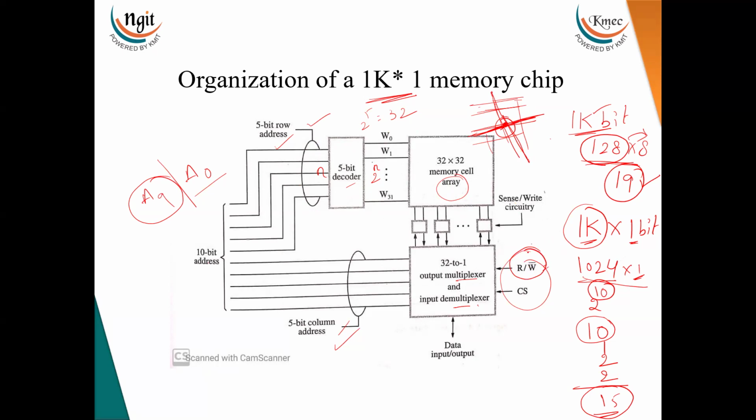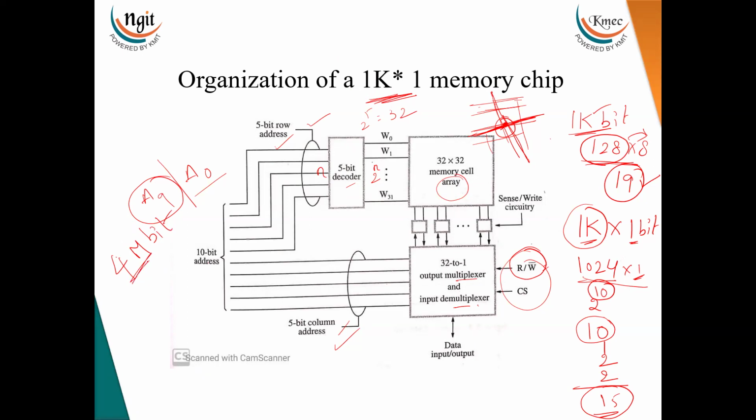So this is another alternative method to design the memory chip. Here, to understand the concept, we have taken only 1 kilobit. But in general there are huge memories which store data in the order of megabits. Now if I take a 4 megabit chip, then how do we design this?